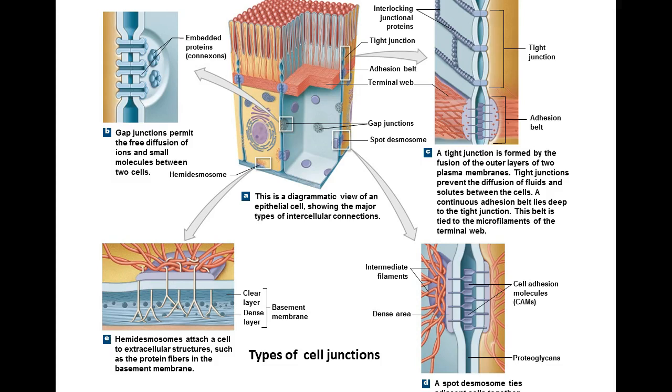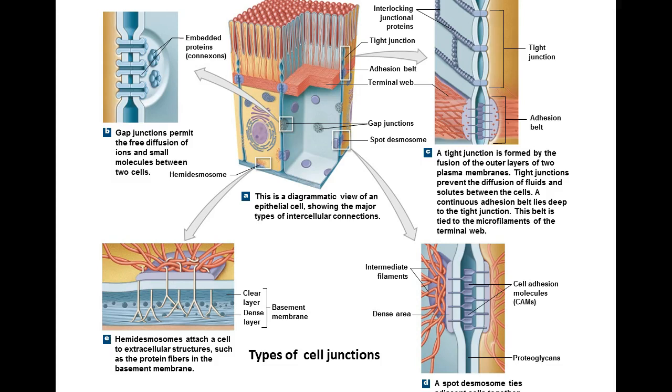Tight junctions are in areas where you want to definitely make an outside and inside of where the epithelial tissue is. Think of the GI tract. Think of the stomach itself, where you have a definite outside and inside. Tight junctions don't allow even water to flow through, to diffuse or permeate.